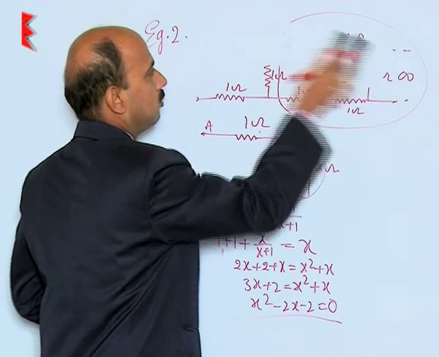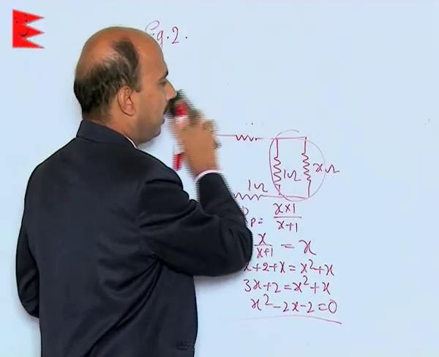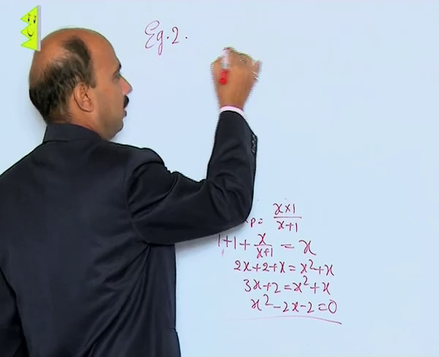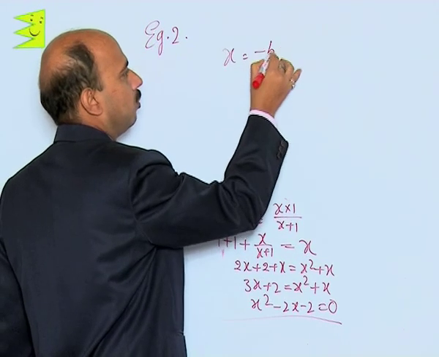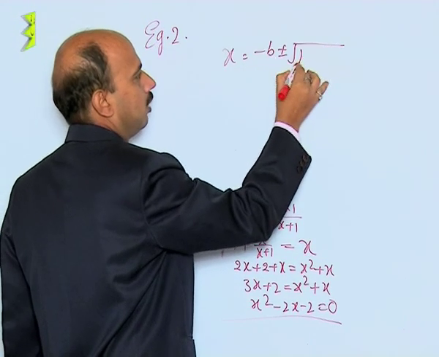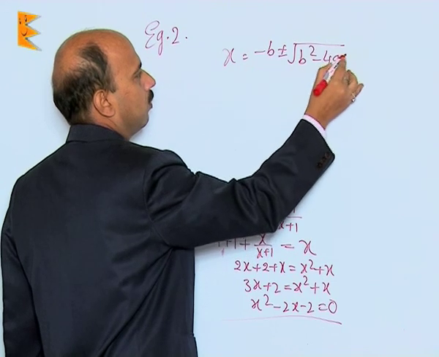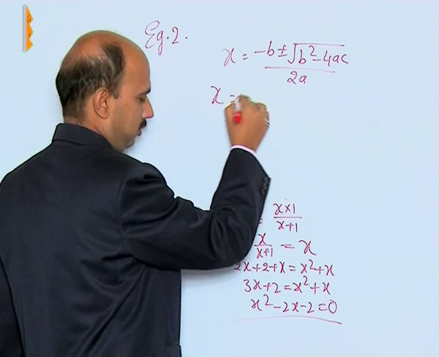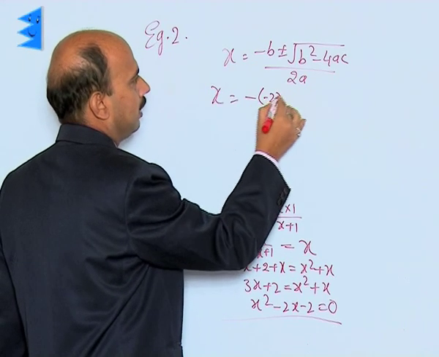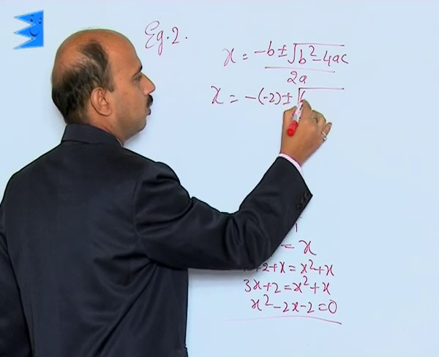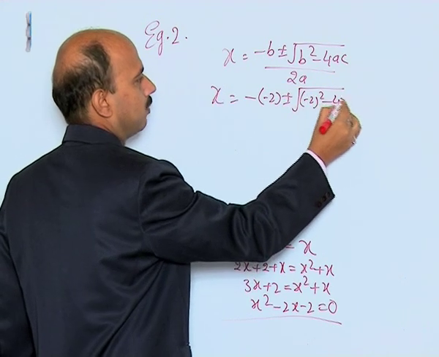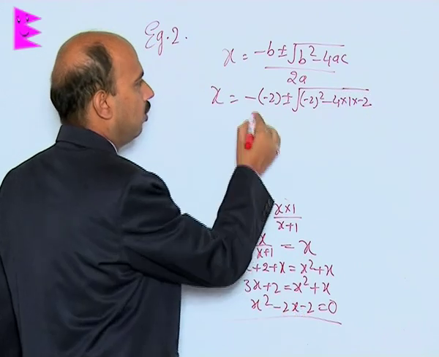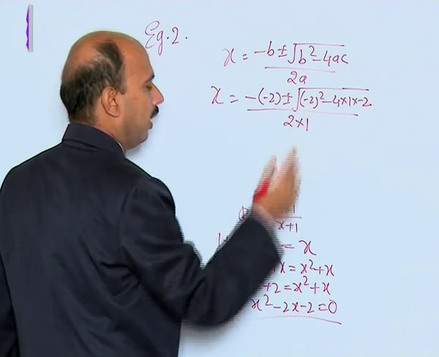When we solve this quadratic equation using the formula, we can write x is equal to minus b plus minus under root of b square minus 4ac upon 2a. So, we get x is equal to minus of minus 2 plus minus under root of minus 2 square minus 4 into 1 into minus 2, where c is minus 2, divided by 2 into 1.